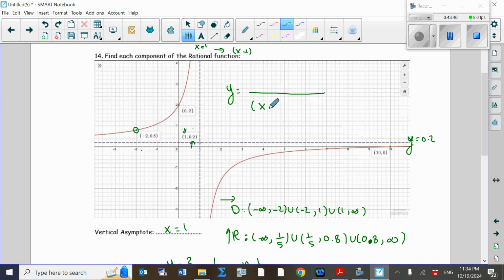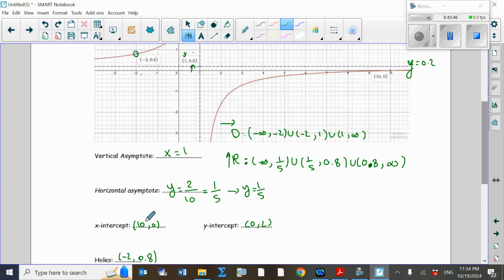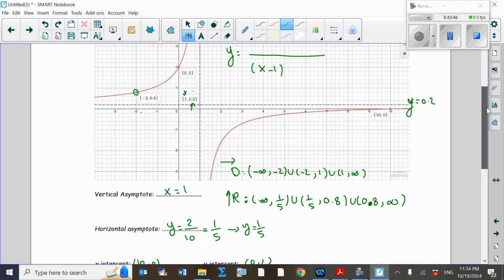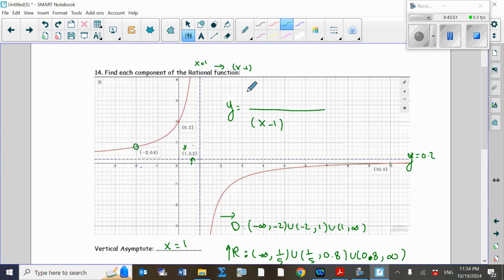So x minus 1 is in the denominator. Then we have x-intercept at 10 and 0. We know x-intercept comes from setting the top of the function equal to 0. So if x equal to 10 is your x-intercept, x minus 10 was the factor that created that. So you write x minus 10 on the top.